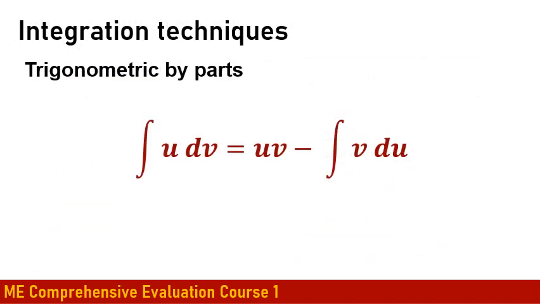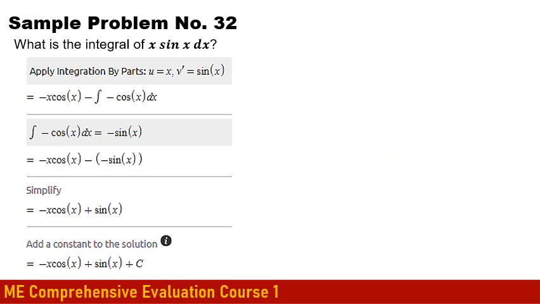So integration by parts. Again, the integral of u dv is simply uv minus the integral of v du. We actually used this in the previous solution already. So let us have another example of that. What is the integral of x sine x dx? Applying integration by parts, we can let u equal x and v prime equal sine x.